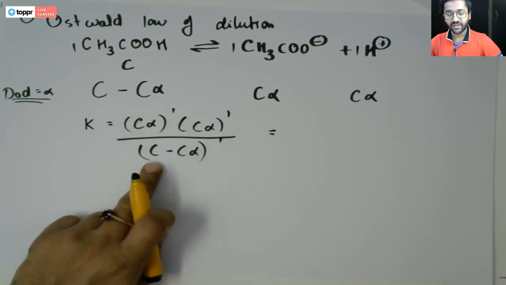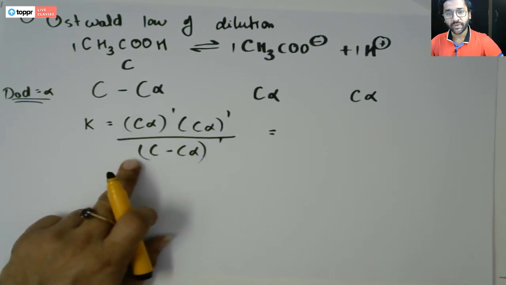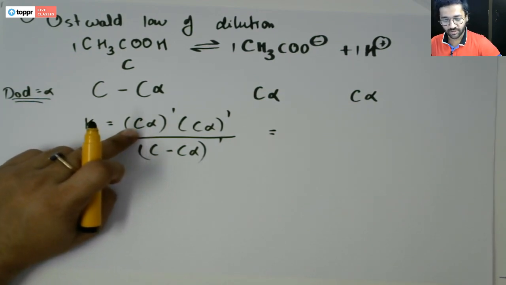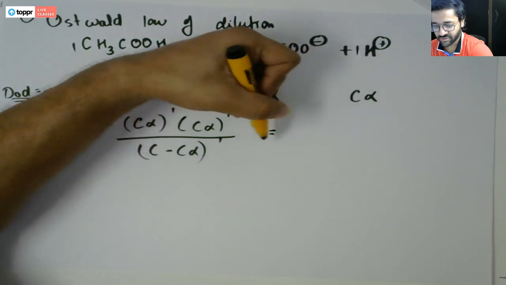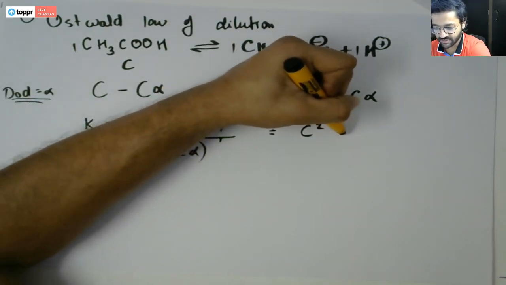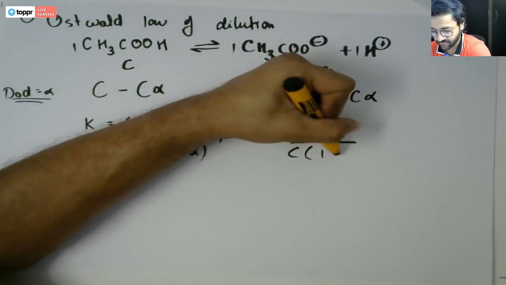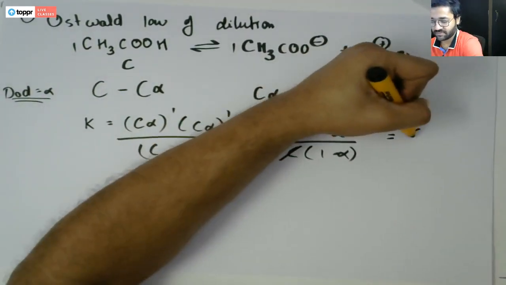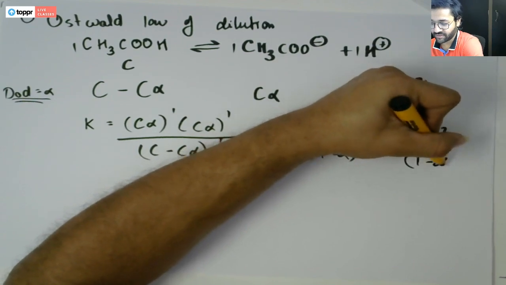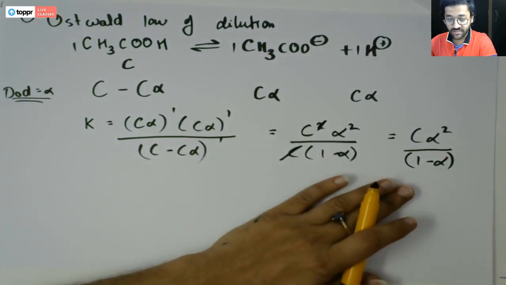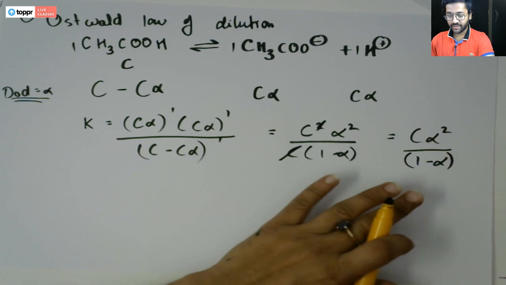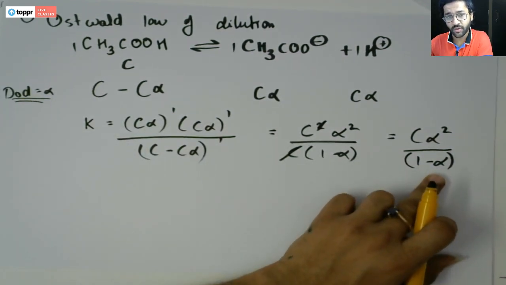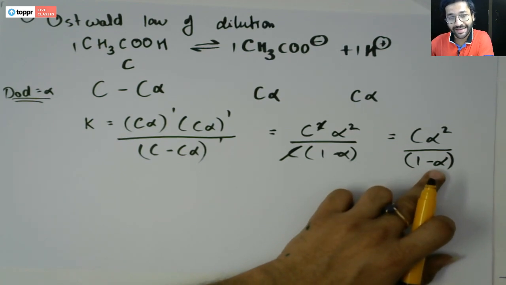From the denominator we can take C common and cancel it with C in the numerator, so this becomes C square alpha square upon C times 1 minus alpha, which is C alpha square upon 1 minus alpha. Now this is a general equation for K, and here if this alpha is very small, then it can also be neglected.